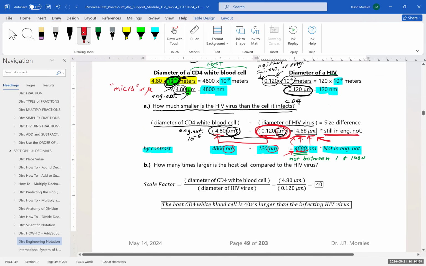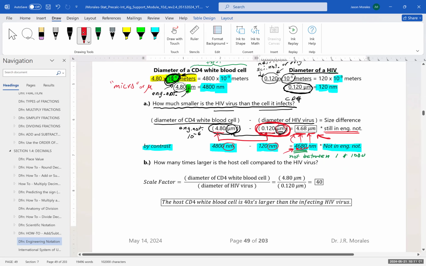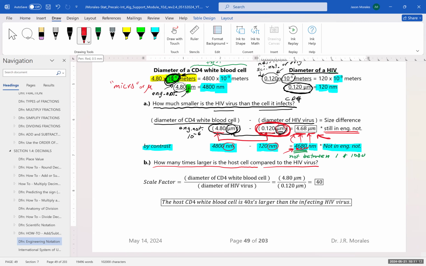So how about multiplying or dividing? The next question we looked at was how many times larger is the host cell compared to the HIV virus? This is a ratio between the diameter of the white blood cell and the diameter of the HIV virus. When we do this division, we get what's called a scale factor.